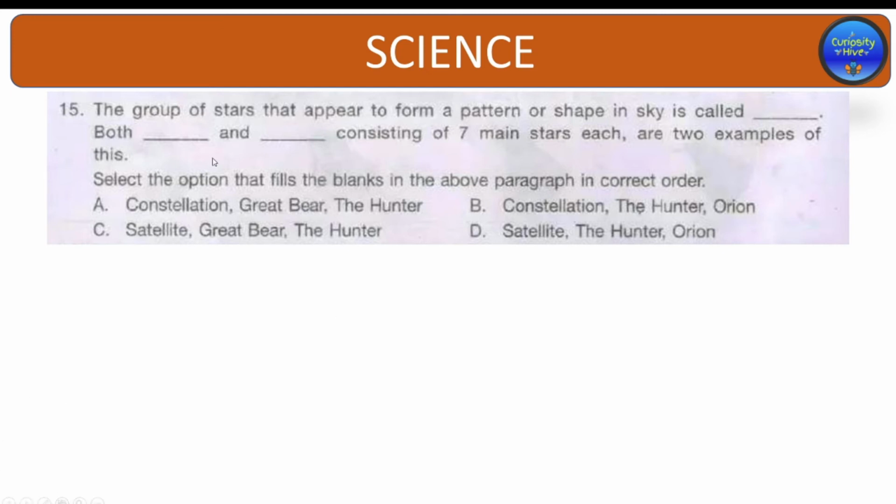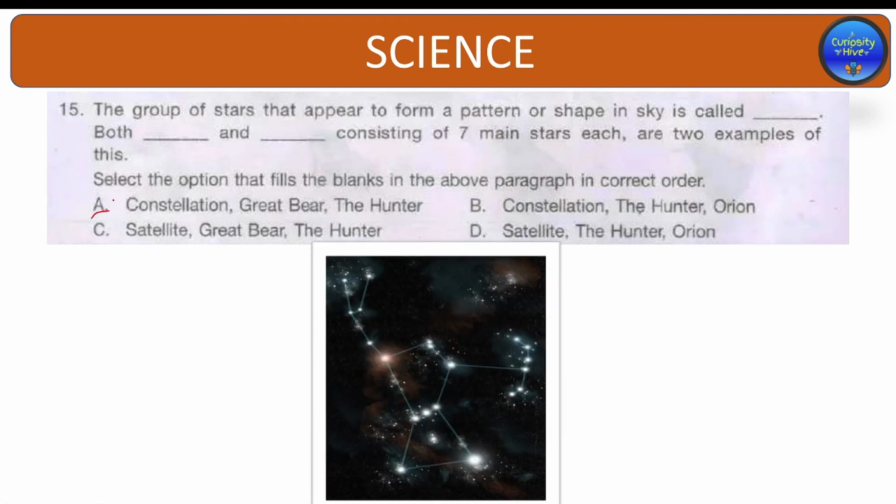The group of stars that appear to form a pattern or shape in the sky is called a constellation, which is either option A and B. And dash, which consists of 7 main stars each, are examples of the Hunter or Orion. This indicates a hunter, and this indicates the Orion of 3 belts. So our right answer is option B.